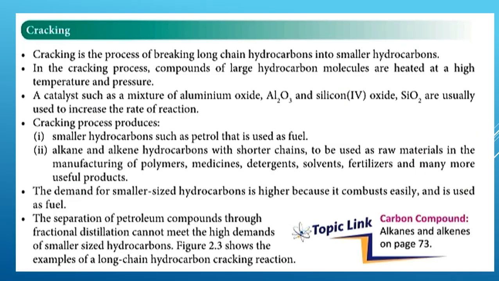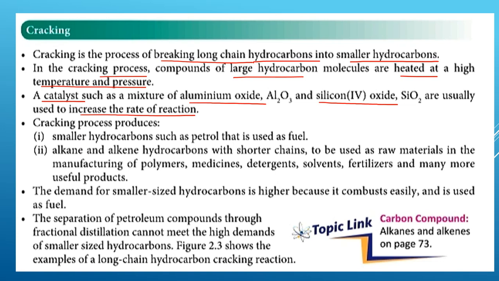So the second stage is cracking lah. Cracking is the process of breaking long chain hydrocarbons into smaller hydrocarbons. In the cracking process, large hydrocarbon molecules are heated at a high temperature and pressure. So here, a catalyst such as a mixture of aluminum oxide and silicon oxide is usually used, okay, to increase the rate of reaction.